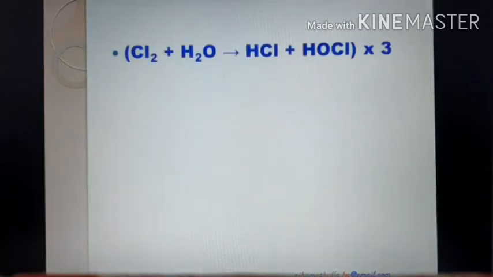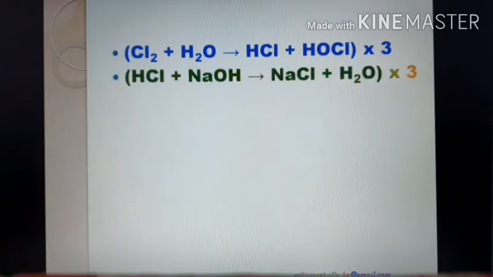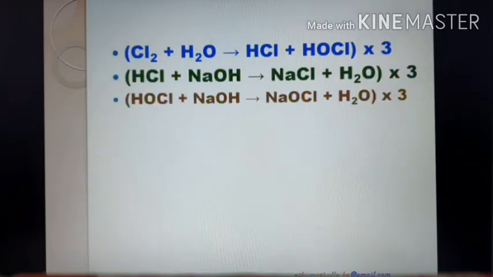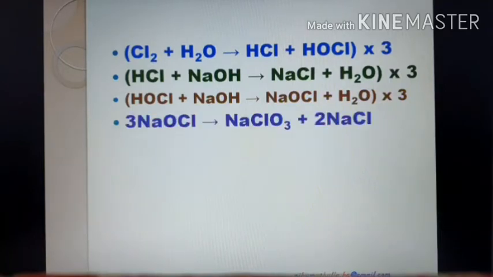Now, the first reaction we have discussed is multiplied by 3, and the second reaction is multiplied by 3, and the third reaction is multiplied by 3. From the third reaction, the final reaction is formation of chlorate. We will separately discuss how this reaction takes place.